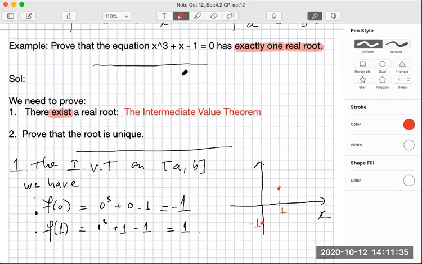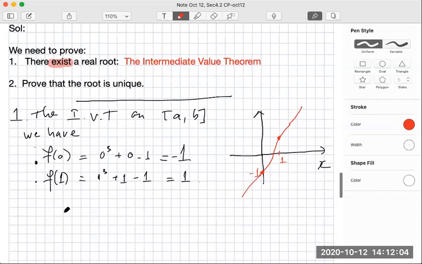It will be continuous on R, so it will look somehow like this. When x goes to -infinity, it becomes a very small number, so it's below here. When x is very large, it will go up here.